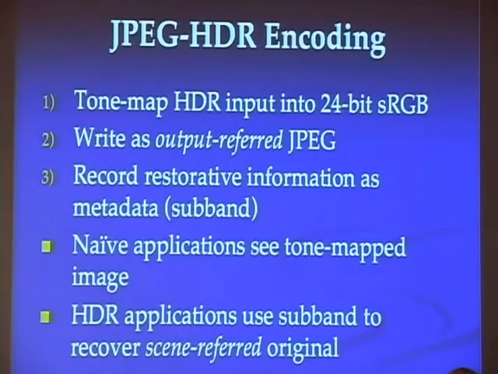And what if it were backward compatible? So the JPEG HDR encoding is pretty simple. We tone map the HDR input into an output referred 24-bit image, and then we write this out as a standard JPEG segment. And then we have restorative information, basically this ratio image. The naive applications just see the tone map version, and the HDR applications can extract the original.